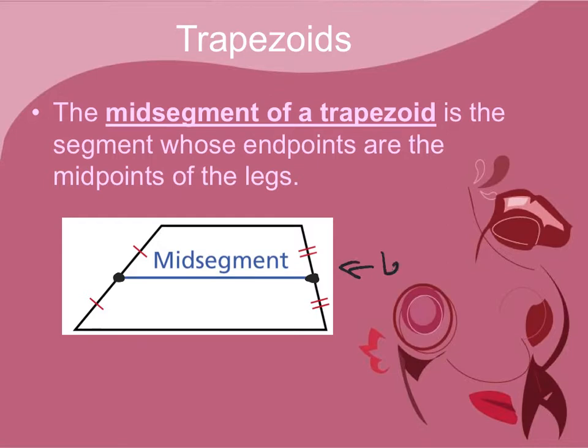This is a leg, and this is a leg, and it's hitting the leg at its midpoint. Notice the congruency marks here telling us that that is the midpoint. Because remember, the midpoint is going to split that segment into two congruent pieces. Now that midsegment doesn't make those two legs congruent, it just splits each into two congruent pieces.